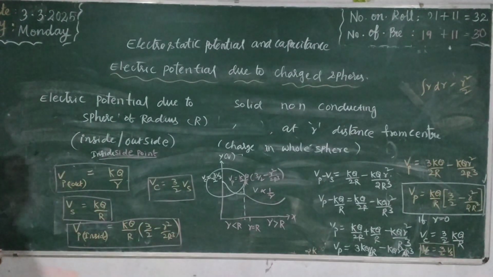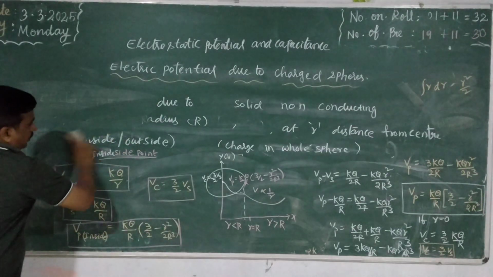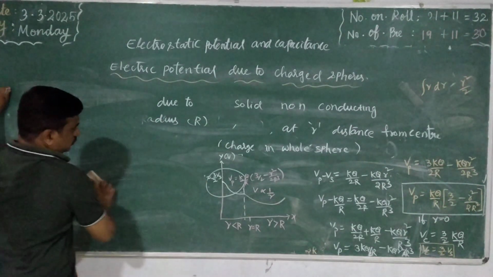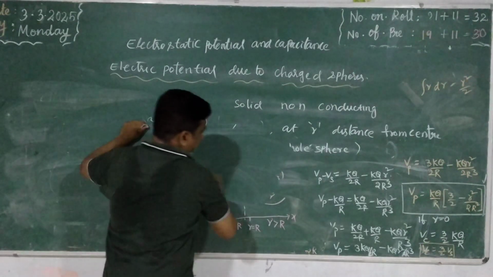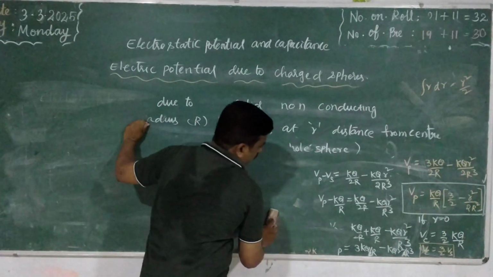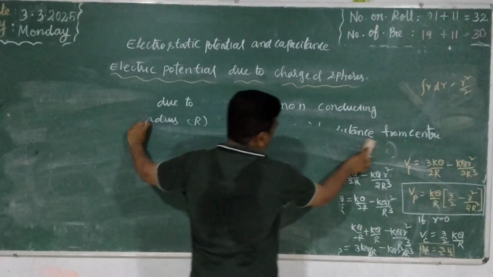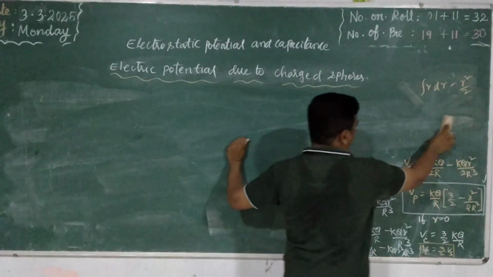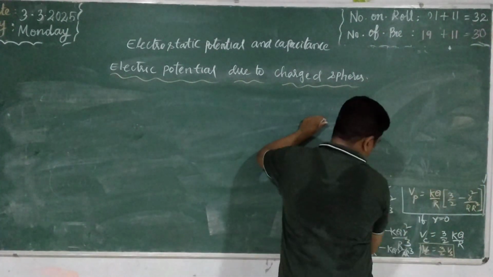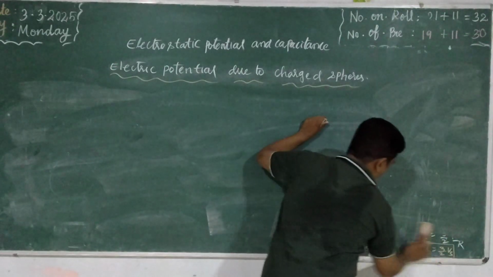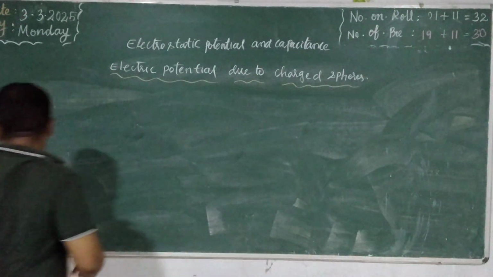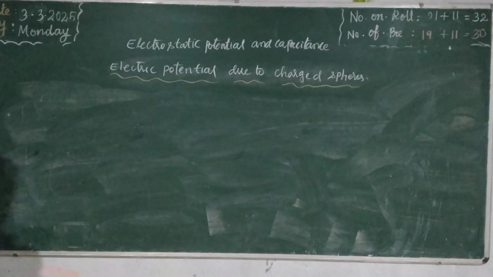Next we discuss a problem: a charge capital Q is distributed over two concentric hollow spheres. In that case, we find the potential at the center of the spheres.